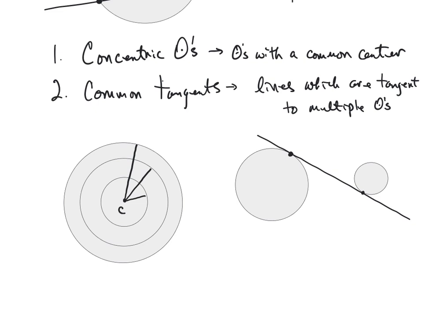Sure. And then is there another? I'll try to draw it here, see how this looks. All right, could you see that that might be another line that would hit the bigger circle once and the smaller circle once? So in this situation, we could have circles with two common tangents.